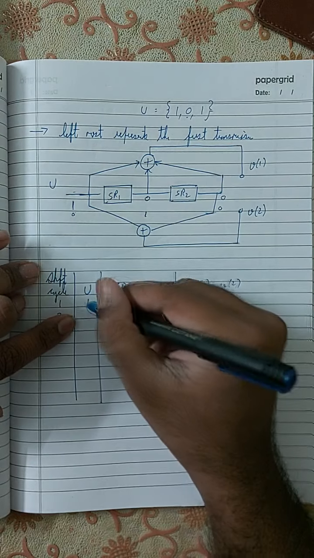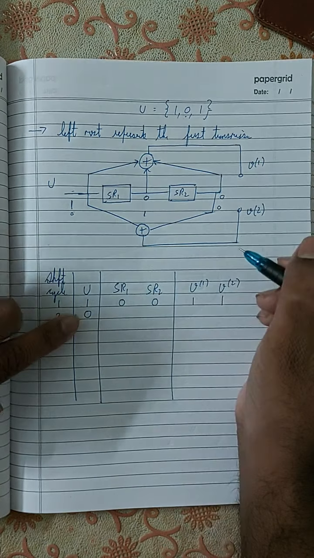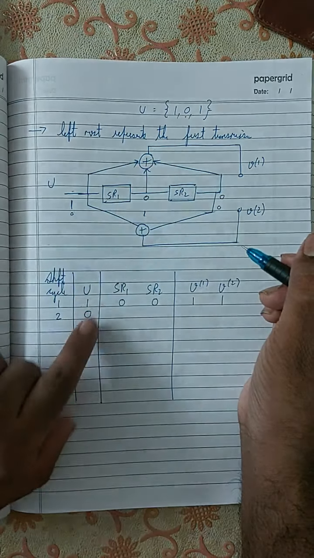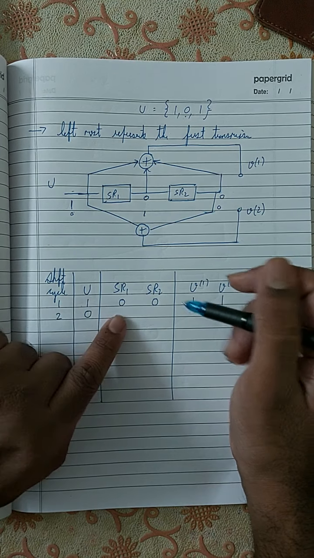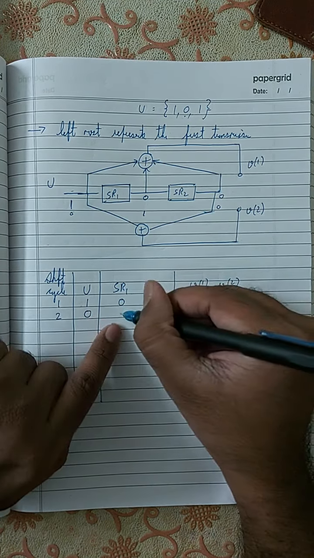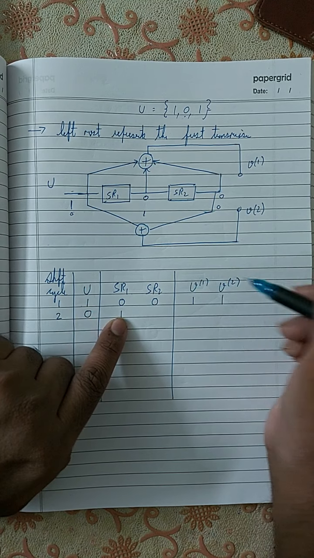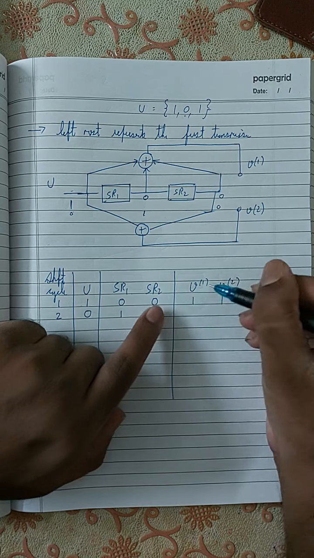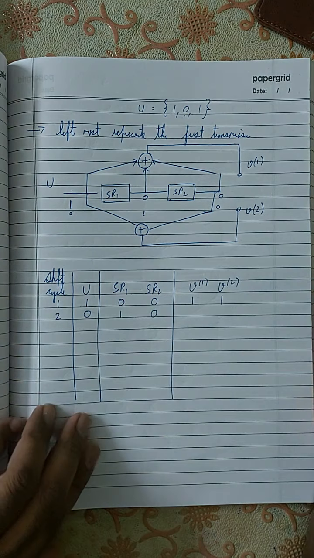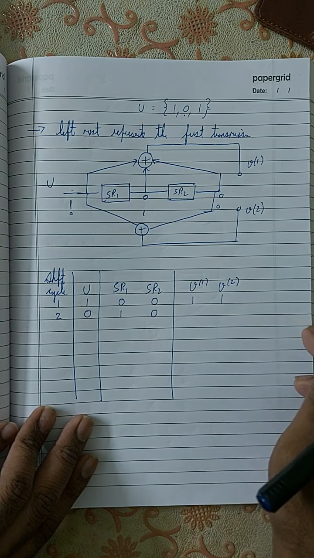This 0 represents the second bit in the sequence, and the previous bit will be shifted over here, and this 0 is discarded.